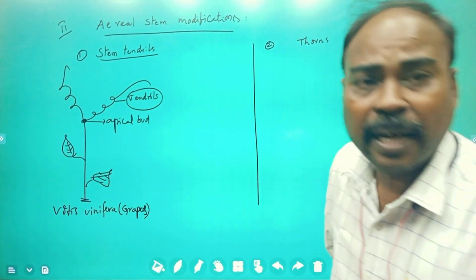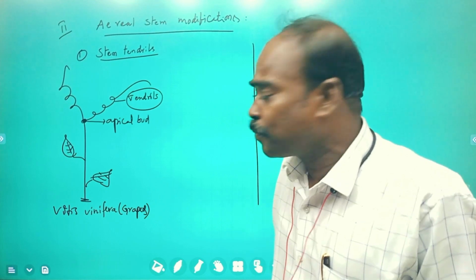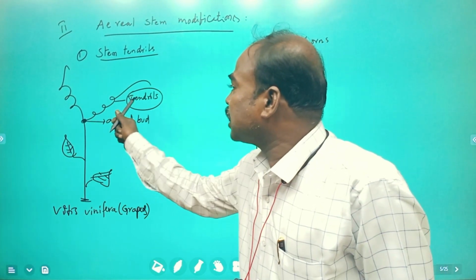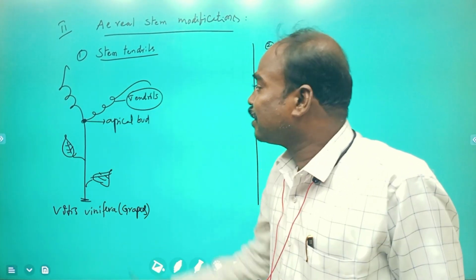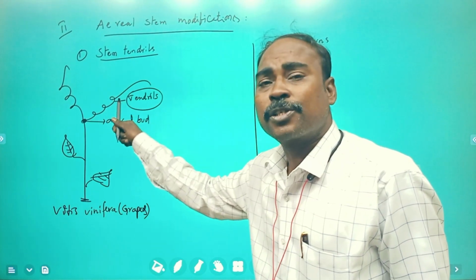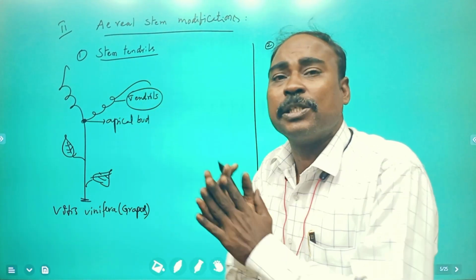In Vitis vinifera, the grapes plant, the apical bud is responsible for producing tendrils, the wiry, delicate, coiled, sensitive structures.